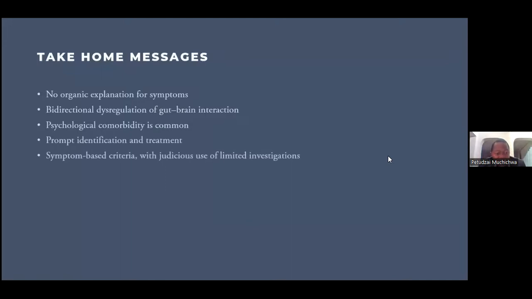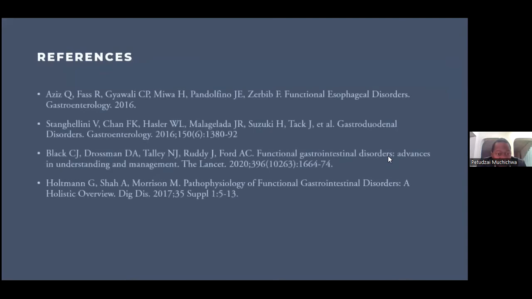The symptom-based criteria, the Rome IV criteria, should be used, with judicious use of limited investigations. Treatment is based on the understanding of the actual diagnosis and the biopsychosocial circumstances available to a particular patient. These are my references.